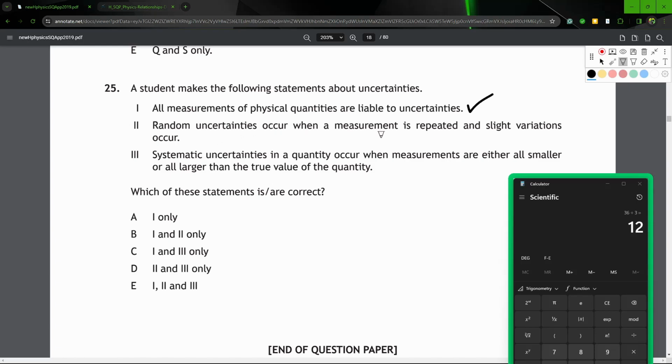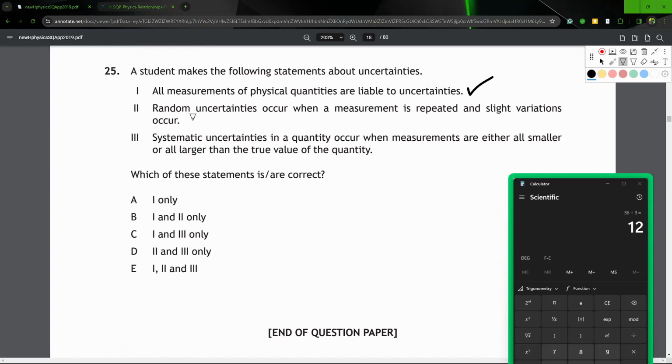Random uncertainties occur when a measurement is repeated and slight variations occur. Yes, in real life, even if you measure something with a meter stick or whatever, you're going to align it maybe a bit weird. You're going to have slight variations, very slight, and that's why you get random uncertainties.